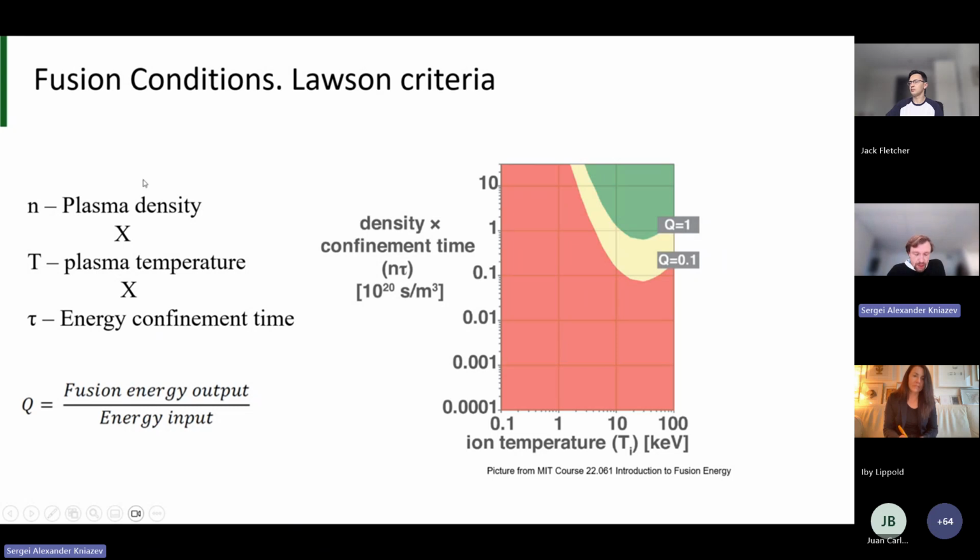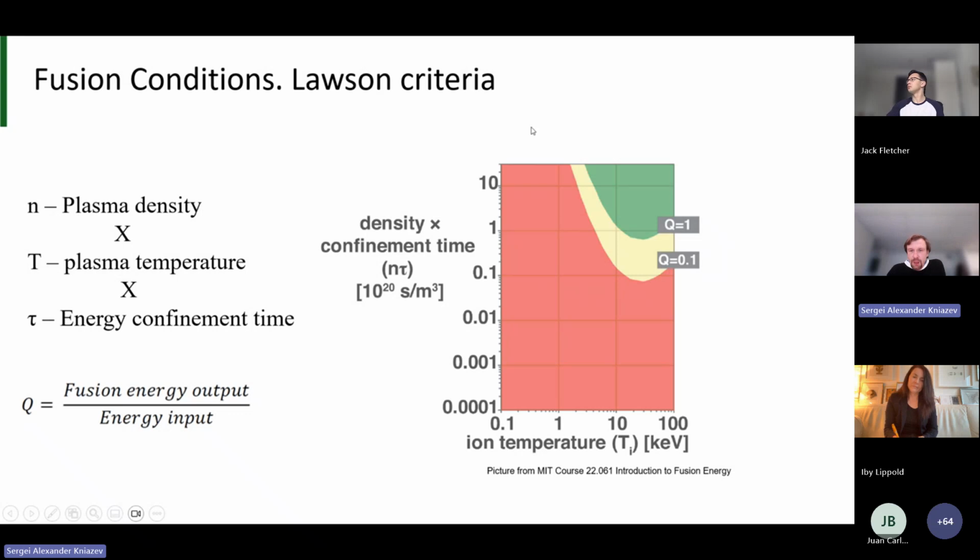Multiply these together and you get the so-called triple product, one of the most important criteria to achieve positive fusion, Q more than 1, fusion energy output divided by energy input.